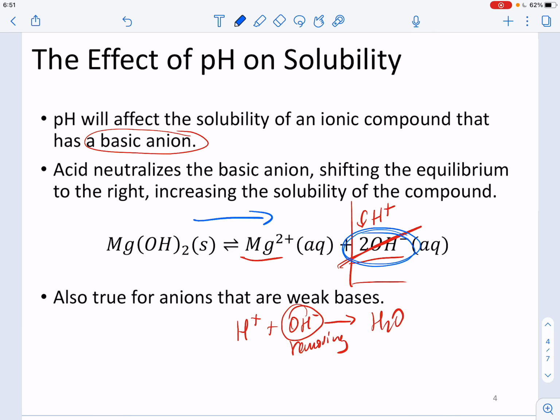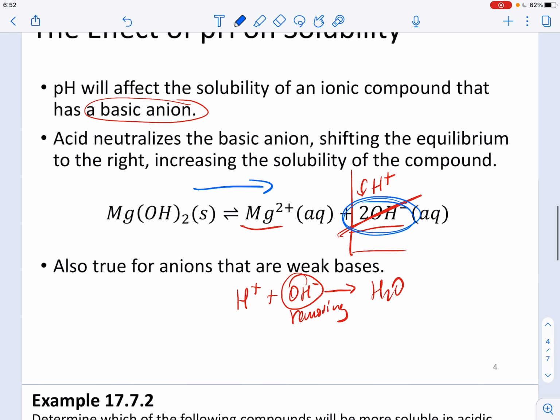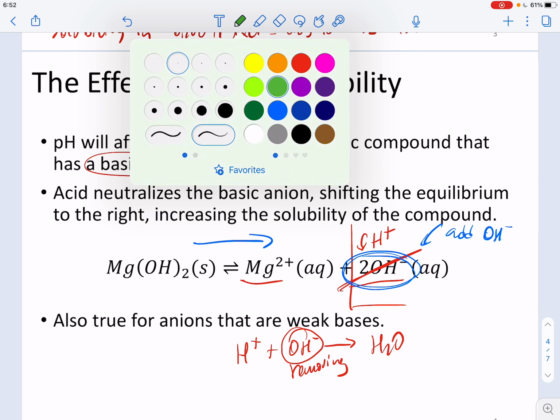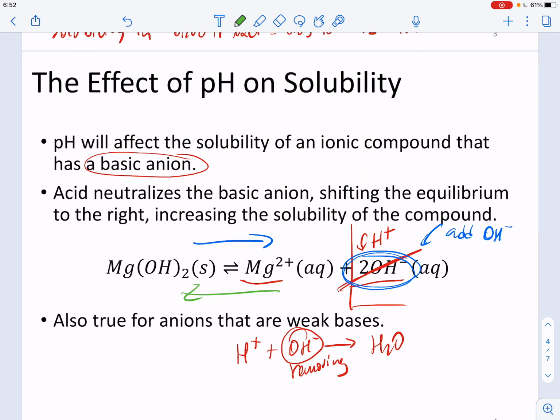Now if you go to basic pH, you are adding OH minus, and the analysis that you follow there is pretty much the same as in the previous slide when we were discussing the common ion effect. So if you add more OH, then you are adding more of the product there, and your equilibrium will shift to the left. You will decrease the solubility.